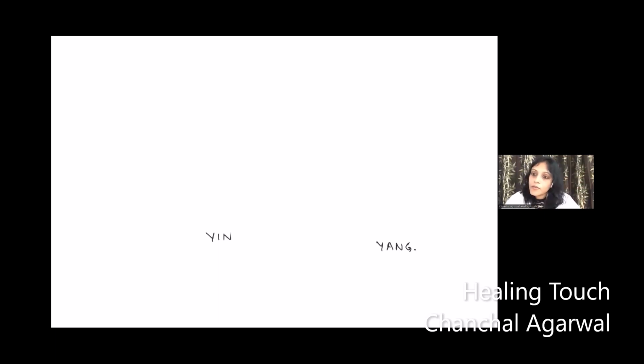We are not talking about that. We are just talking about the yin side and yang side meridians. Okay. On the yin side, draw one line, and on the yang side, draw one line. Okay. On the yin side, draw 5 points. 1, 2, 3, 4. On the yang side, draw again 5 points. 1, 2, 3, 4, and 5.